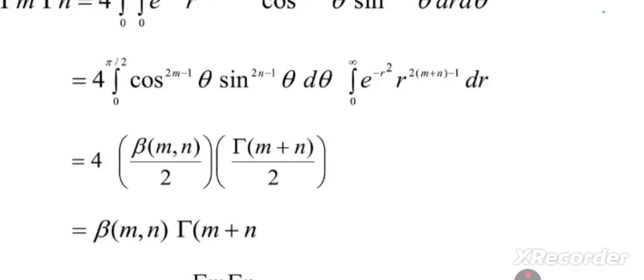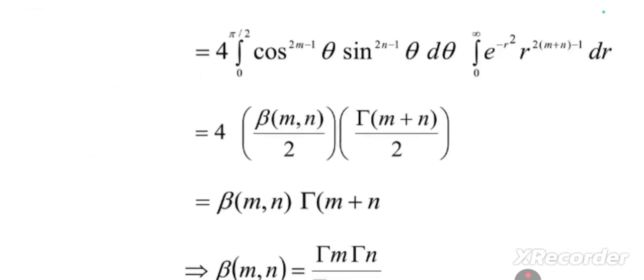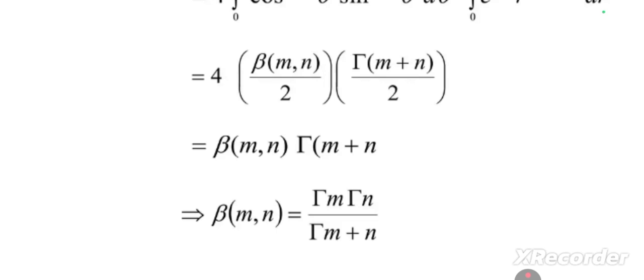So, 2 gets cancelled with 4. So, beta of m comma n into gamma of m plus n. Therefore, beta of m comma n is equal to gamma m gamma n divided by gamma of m plus n.